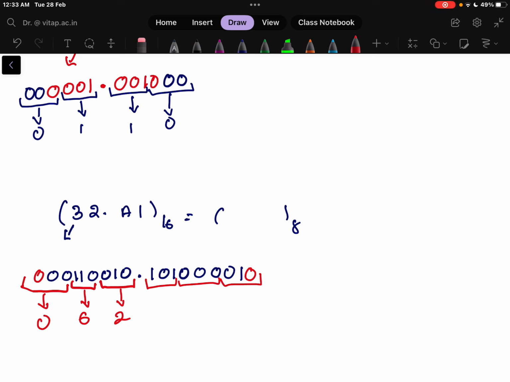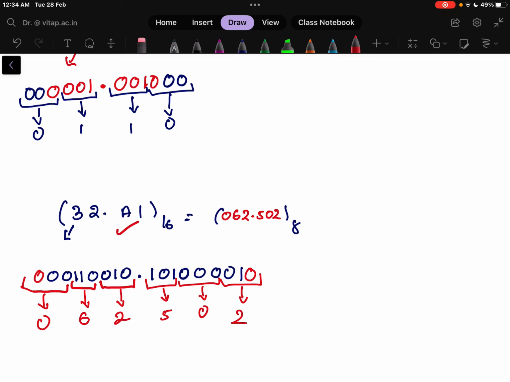So first 101, this equivalent is 5, then 000, this is 0, then 010, which is 2. So the answer here will be 062.502. This will be the octal equivalent of the hexadecimal number with a decimal point.